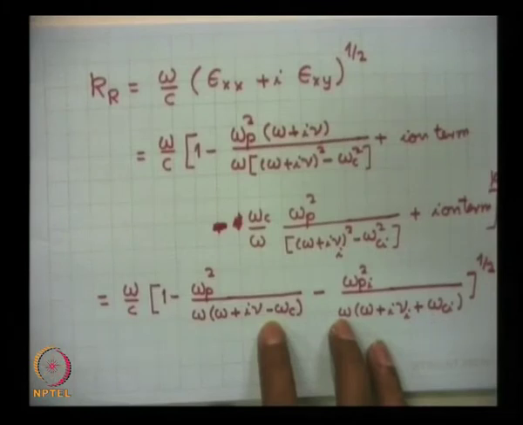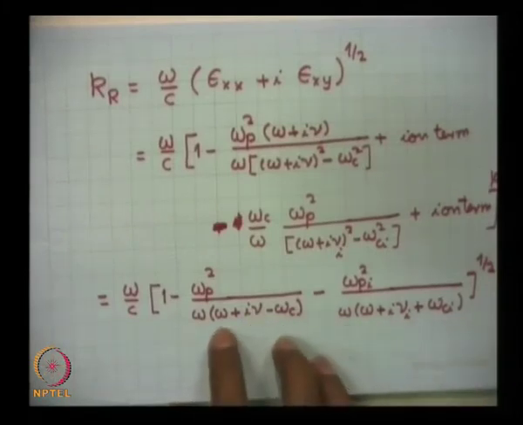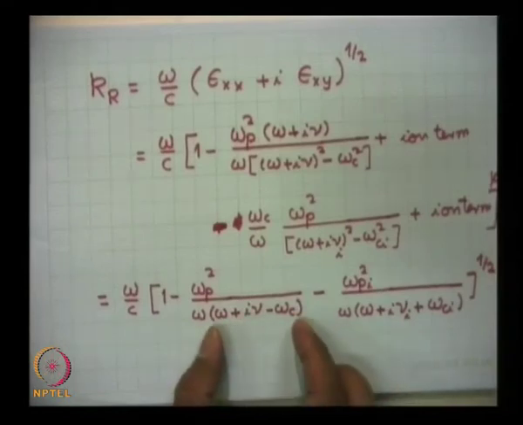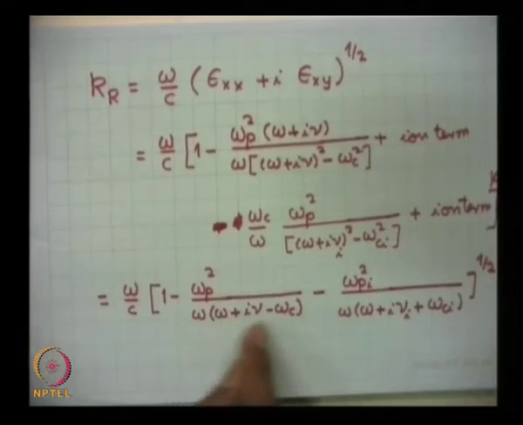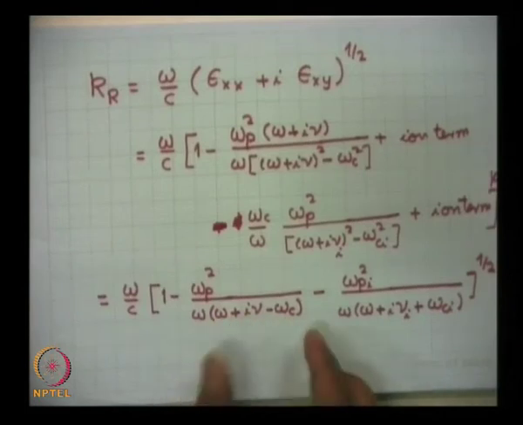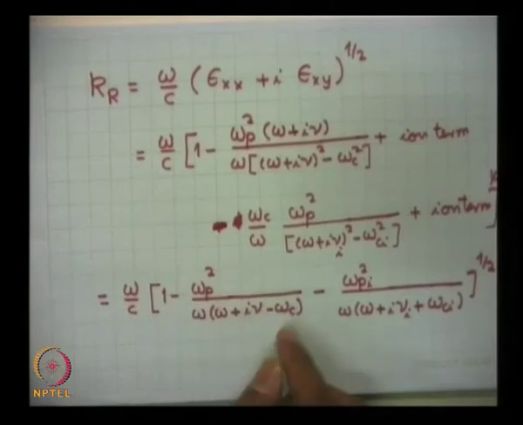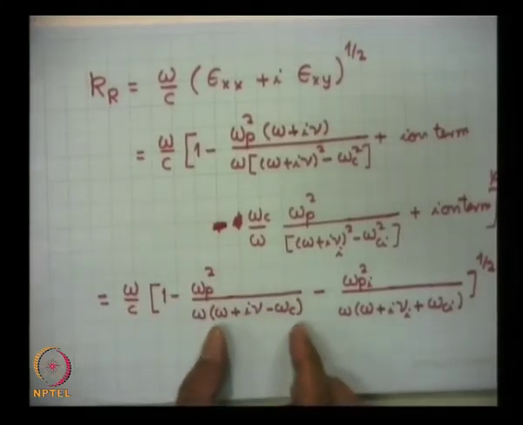Suppose I ignore the absorption for a moment. Then one may note here that this has a resonance denominator at omega equal to omega c. This will overflow, become very large, and change sign as well. For omega less than omega c, this term is negative, so the whole thing becomes positive. Whereas for omega bigger than omega c, this is positive, so the whole thing becomes negative.